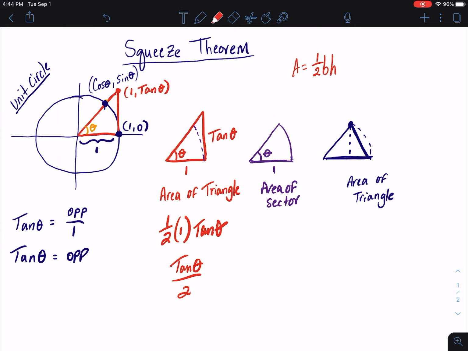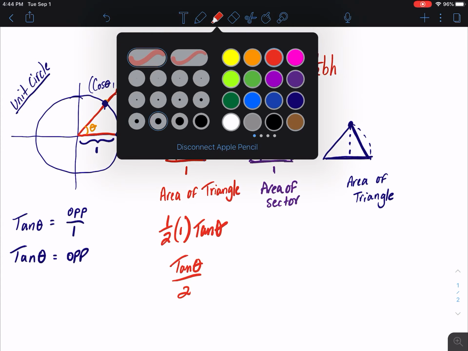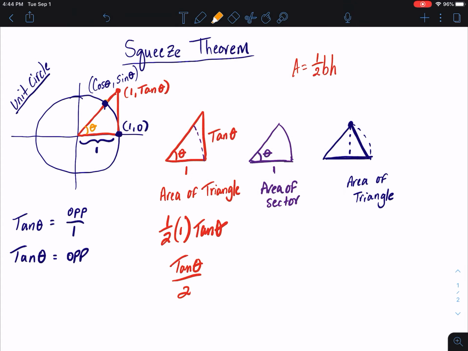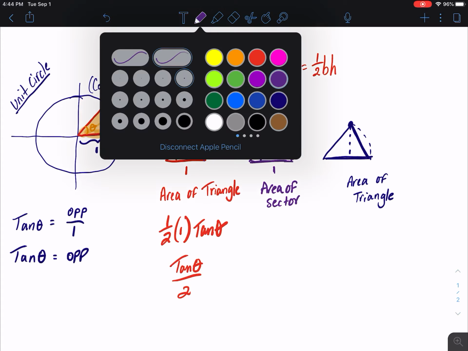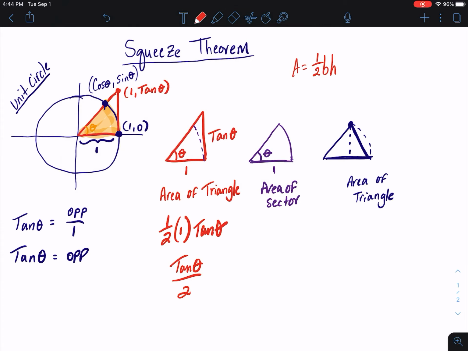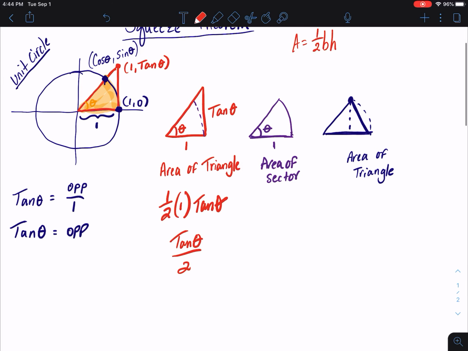Okay, so the next section that we want to look at is we're going to find the area of this sector, this curved sector here. And so to figure that out, what we can look at is the fact that this is kind of like a piece of a pizza, right? Or like a piece of a pie.